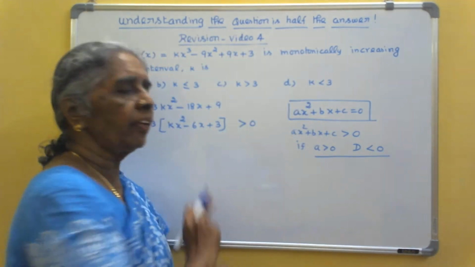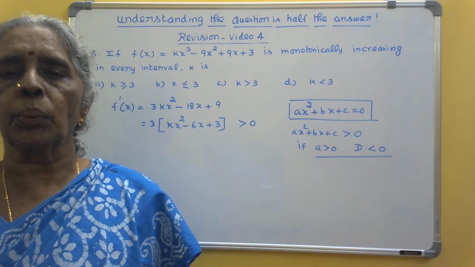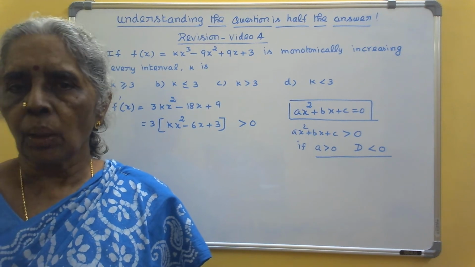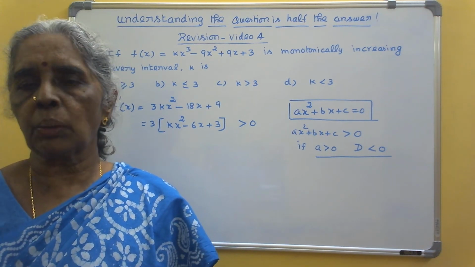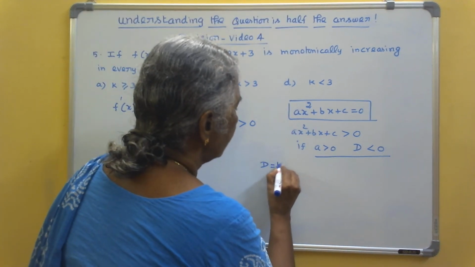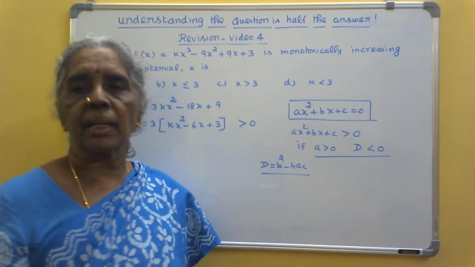A means the coefficient of x squared. D is the discriminant, that is b square minus 4ac. You have studied it in your 10th standard quadratic. D is equal to b square minus 4ac, that is called discriminant.